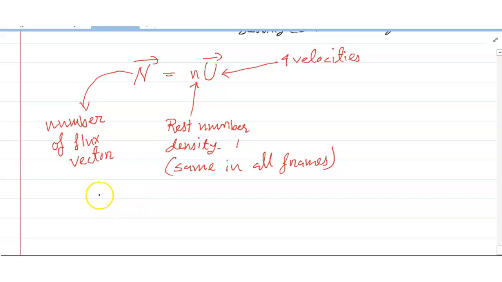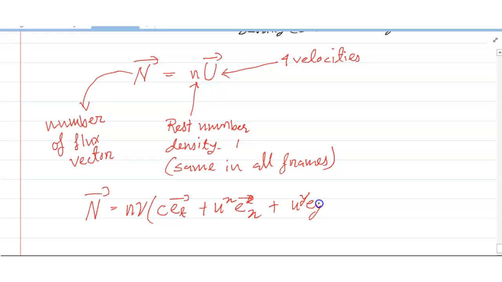Now capital N equals, in the case of special theory of relativity, n gamma c et plus ux ex plus uy ey plus uz ez.